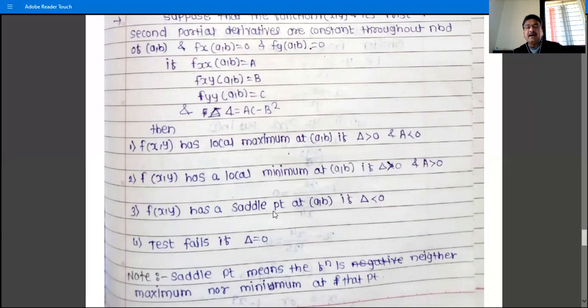And f(x,y) has a saddle point at (a,b). When at that point the value is neither maximum nor minimum, the point is called a saddle point.